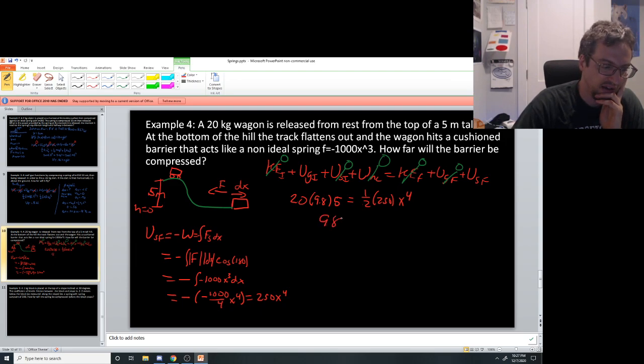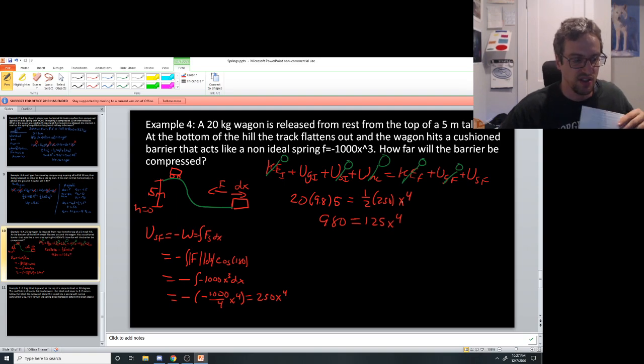This is 980, and I realize this is actually wrong because I didn't do the 1/2 there. So my answer is wrong. So give me 1 second while I find out what the actual answer is, because apparently I'm not good at this. 980 over 125 to the 0.25.